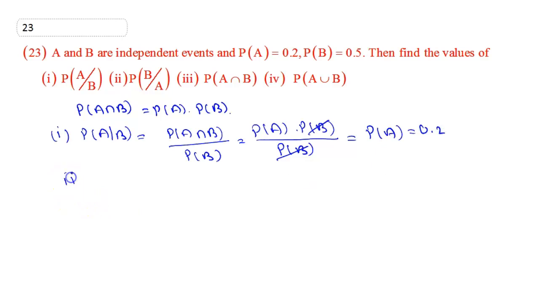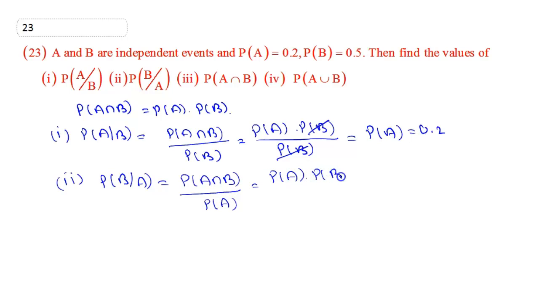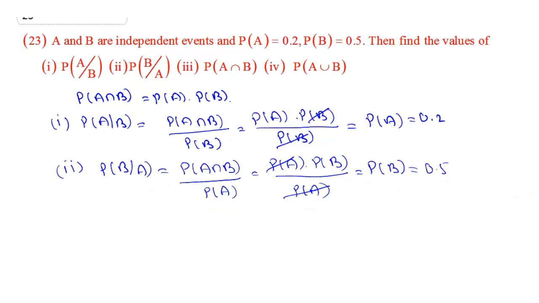Next, second condition. Second condition is what? P of B divides A. This is also P of A intersection B by P of A. That is equal to P of A into P of B by P of A. Here we can cancel P of A. This is equal to P of B. P of B value is 0.5.